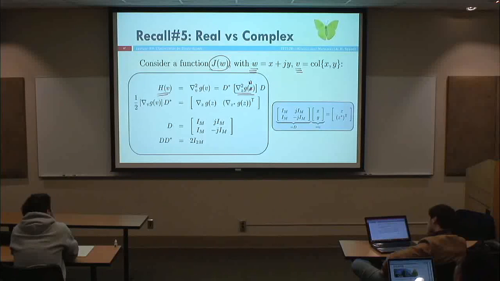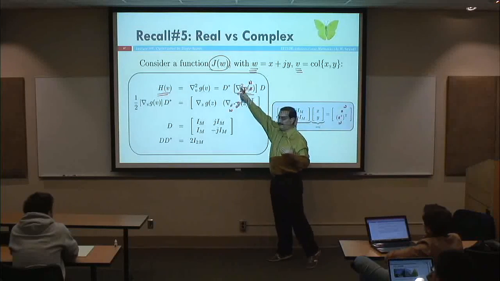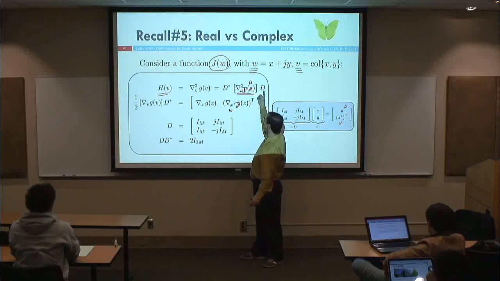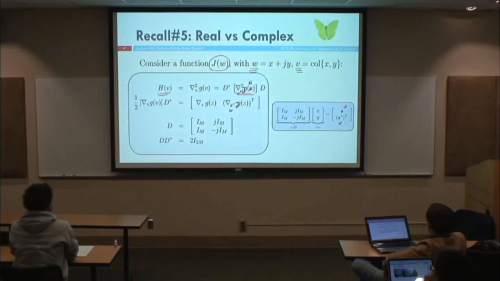I should have written J here, wherever you have. There is a typo here. I wrote it in terms of G of Z, but it should be in terms of J of omega. So this is the Hessian in the complex domain. They are related by a D and D star. This J also. And the gradient in the V domain is related to the gradient in the omega domain.